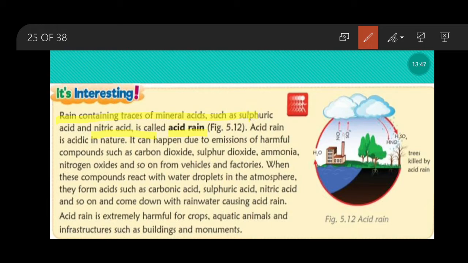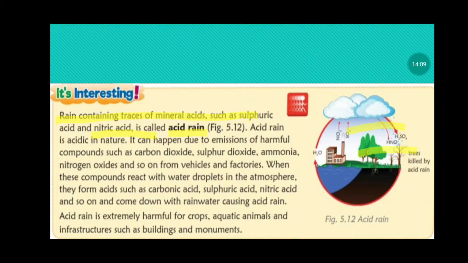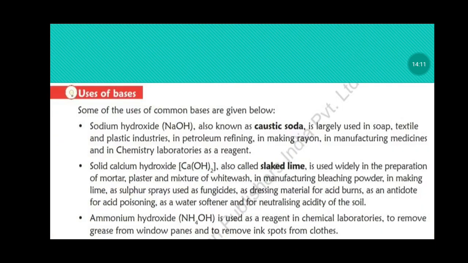These compounds react with water droplets in the atmosphere and form carbonic acid, sulfuric acid, nitric acid and so on, and come down with the rainwater causing acid rain. Acid rain is extremely harmful for crops, aquatic animals and infrastructure such as buildings and monuments. We will discuss acid rain in more detail in the classes.